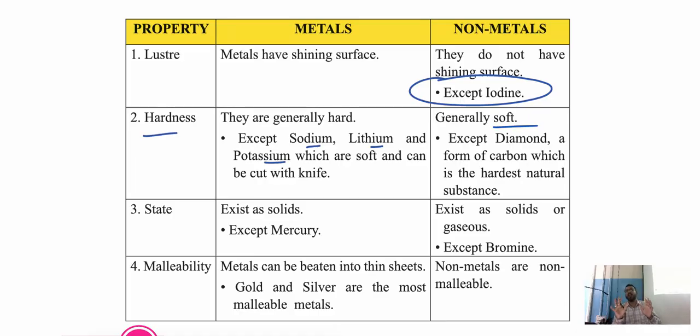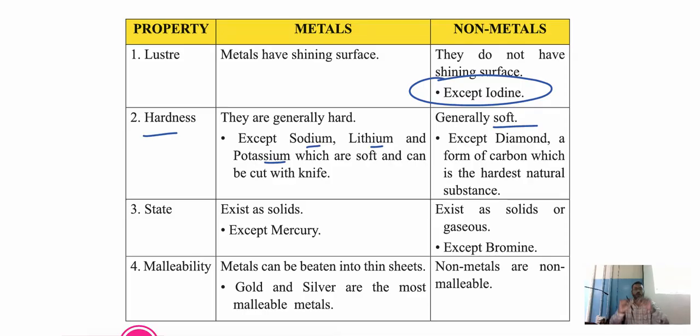Generally, metals are hard and non-metals are soft. For example, let me take this duster. This is hard, right? It's a hard surface. Am I right? So it's not a metal, I'm just telling you. As soon as you hold this, you can tell that it's a metal because it is hard.